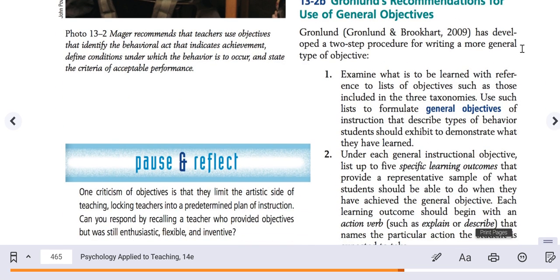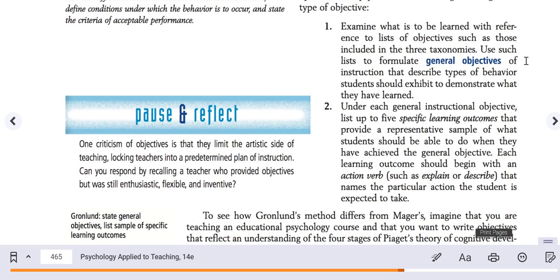Gronlund has developed a 2-step procedure for writing a more general type of objective. Examine what is to be learned with reference to lists of objectives, such as those included in the 3 taxonomies. Use such lists to formulate general objectives of instruction that describe types of behavior students should exhibit to demonstrate what they have learned.